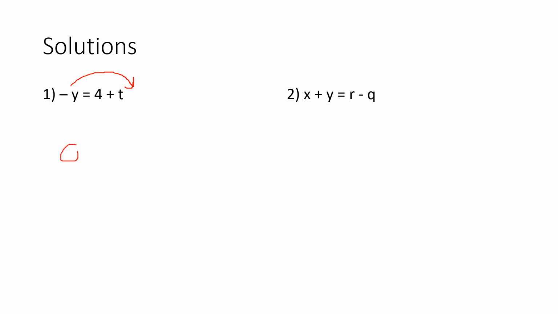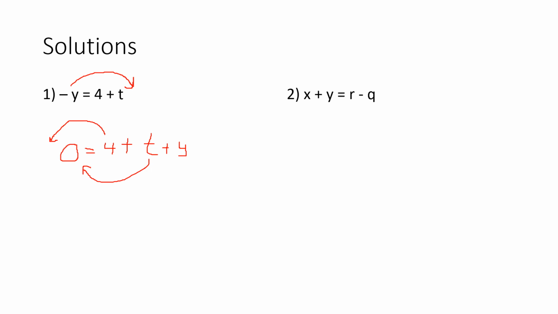That leaves me here with 0 equal to 4 plus t, because I took out everything on that side, so there is a 0 left there. And now I have plus y. Yes? And now I want to get rid of everybody else. So I send my 4 over here, and I send my t over here. I'll do the 2 steps in one, but you could do one at a time.